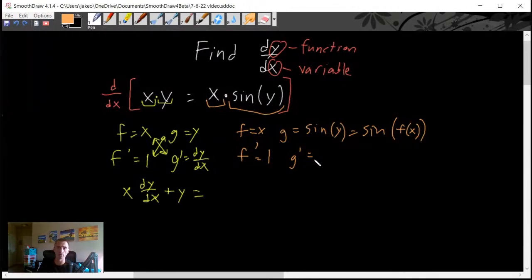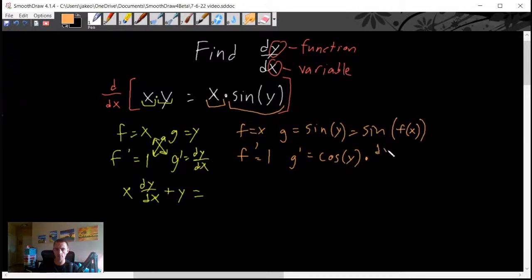So chain rule says we're going to do the derivative of the outside function, leave the inside function alone. So we're going to take the derivative of sine, which is cosine, leave the inside function alone. So we're going to take cosine of y, and then we're going to multiply that by the derivative of the inside function, the derivative of y. Well, the derivative of y, just like we found over here, is just dy dx.